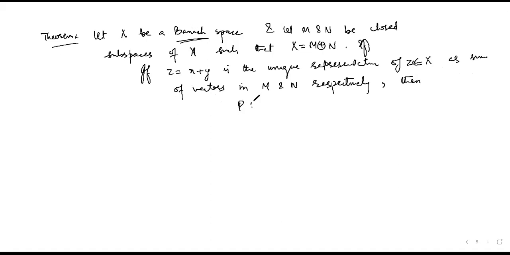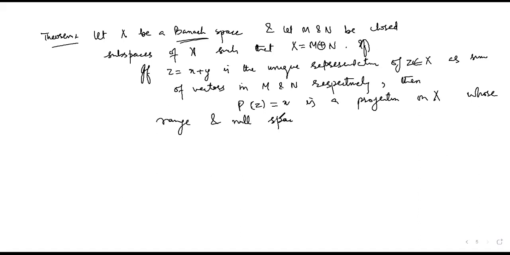Then P Z equal to x is a projection on X whose range and null spaces are M and N respectively. ये एक तरह से उसका कन्वर्स है, लेकिन चूंकि हमें ये जो लाइन है बीच में डालनी पड़ रही है कि वो प्रोजेक्शन ऐसे होगी, तो वहां पे हमने वो नहीं किया था, वरना हम लिखते थे इफ एंड ओनली इफ, वो लंबा चौड़ा हो जाता स्टेटमेंट.